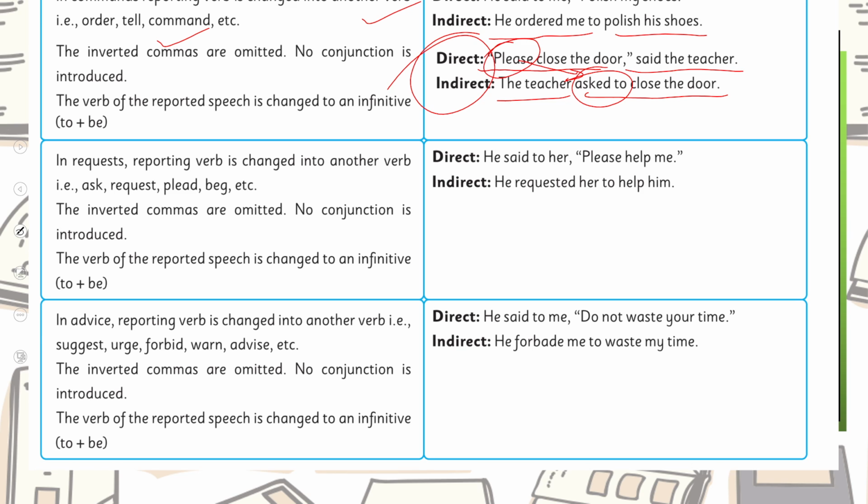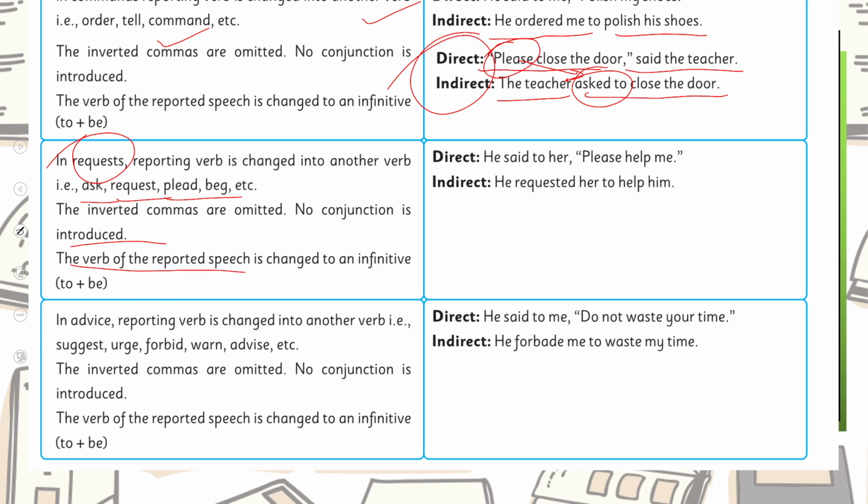Now this is when we are talking about ordering or commanding, etc. When we are talking about request, the reporting verb is changed into another verb, for example, ask, request, plead, or beg, and the inverted commas are omitted. No conjunction is introduced.